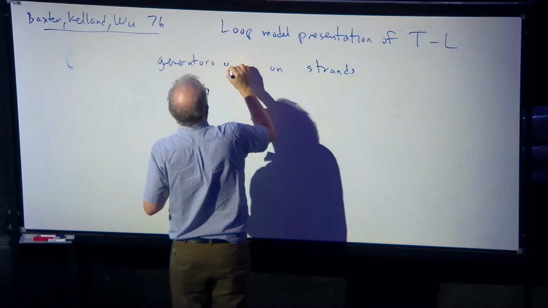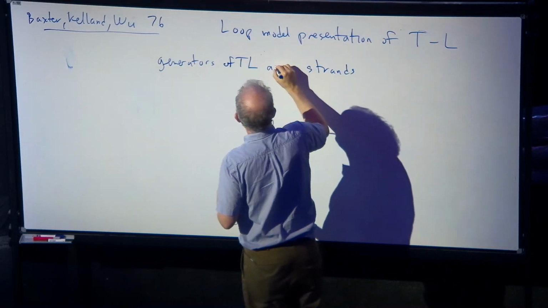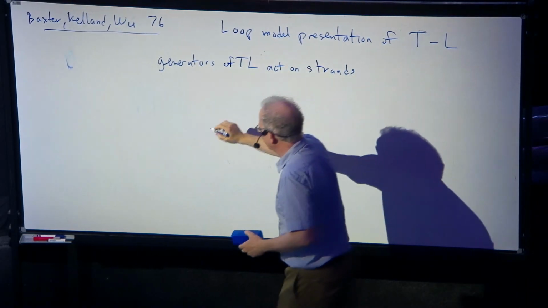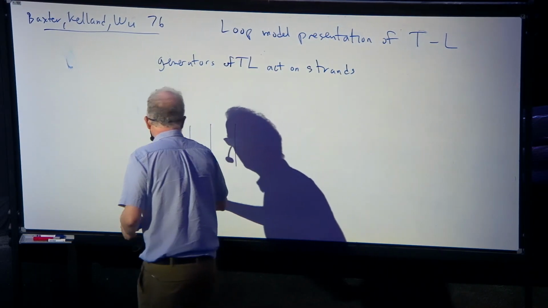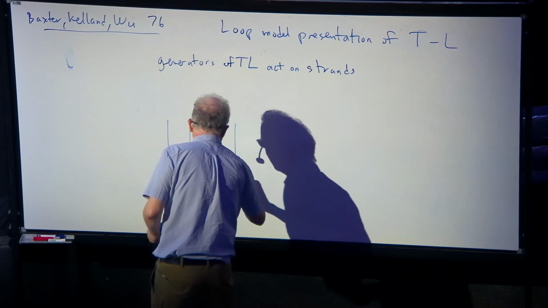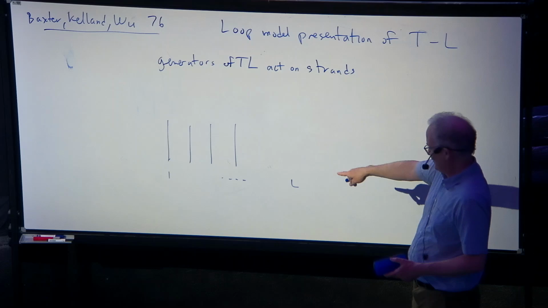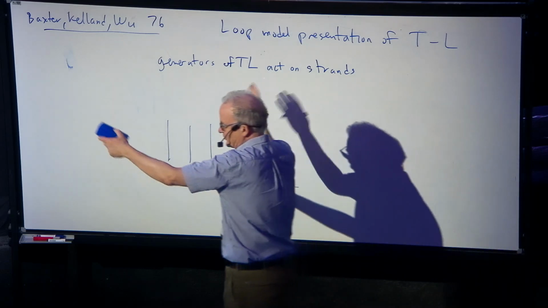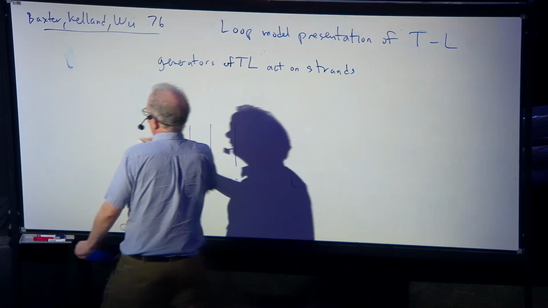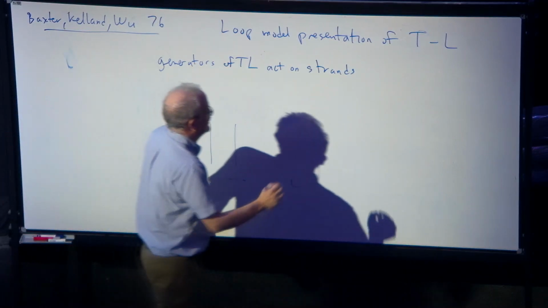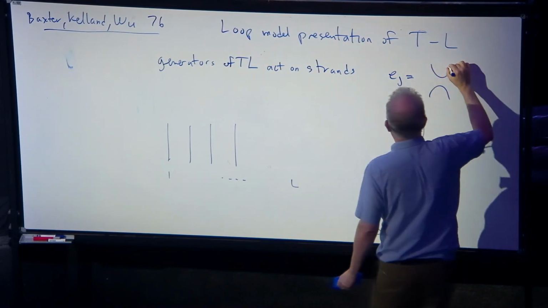So say this here, the Temperley-Lieb generators act on strands. And by strands, I mean you take a bunch of lines like this that we number 1 to L. You'll see in a second, this is sort of half the length of what we did before, and that hopefully will be clear. And so what I'm going to write now, the E sub j, does the following on strands.